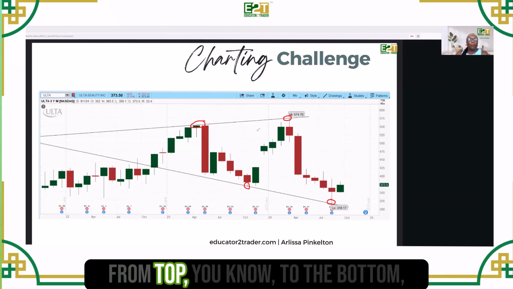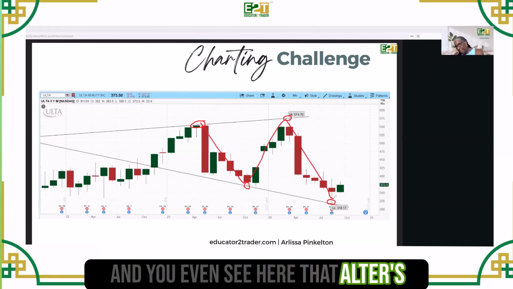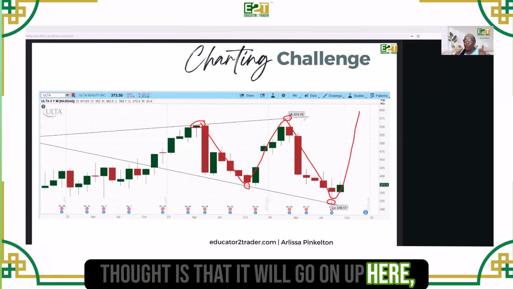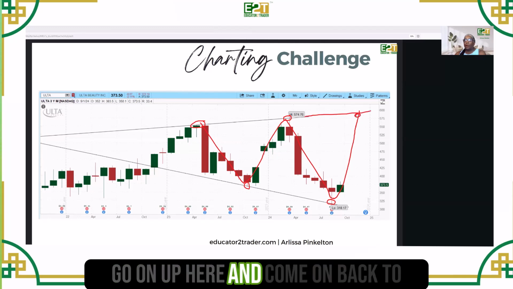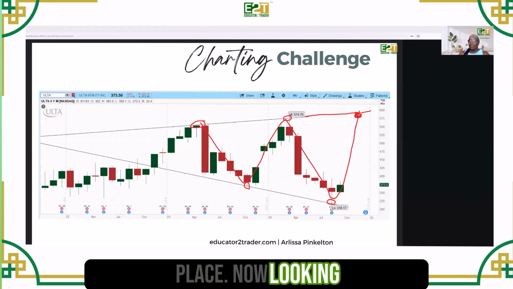It will move from top to the bottom, back to the top, come to the bottom. And you even see here that Ulta's trying to turn and go. And then the thought is that it will go on up here, and if this was extended, it would go on up here and come back to another broadening formation place.